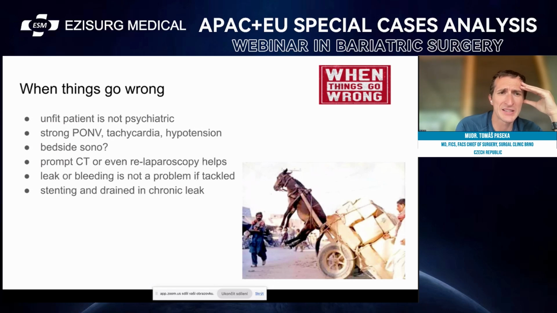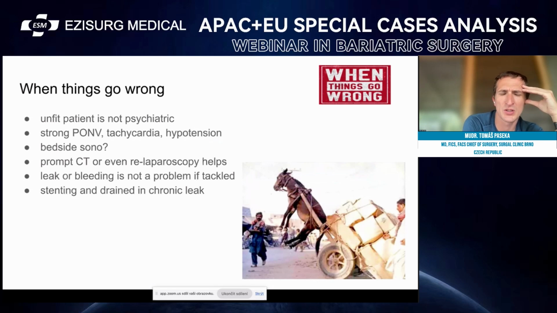So we can use bedside sono. However, in a very obese patient, it is very complicated. So we promptly do a CT scan to check for bleeding or leaks, or in literature, it is even justified that you do immediate laparoscopy. You would simply bring them back to the OR if tachycardia occurs, but in our environment, CT is very easily reached.